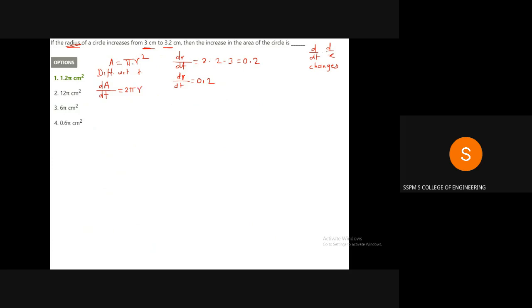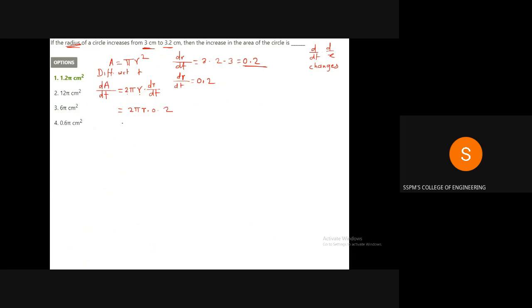The derivative of r square is 2r, into dr by dt. So dA by dt is equal to 2 pi r into dr by dt. We know that dr by dt is 0.2.